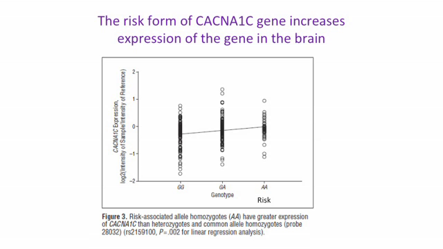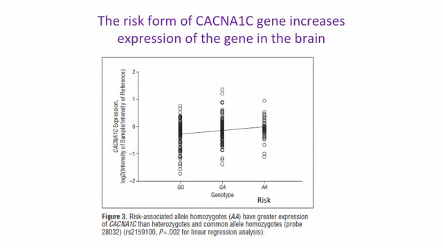Okay. Well, the first data speak to the hypothesis that the risk form of the gene works by changing how much of the gene is expressed, how much of the protein that the gene codes for is present in the brain. In this instance, for the CACNA1C gene, we've divided people into those who've got two copies of the healthy form of this gene, these people in the middle who have one healthy form and one risk form, one from each parent, and these are the people who've got both versions of the risk form.